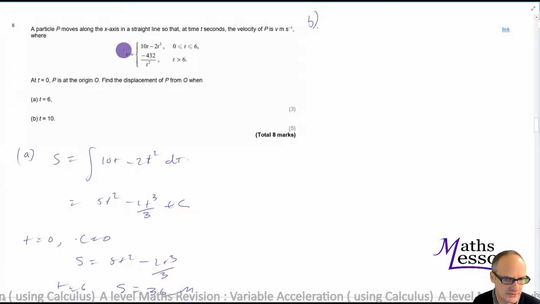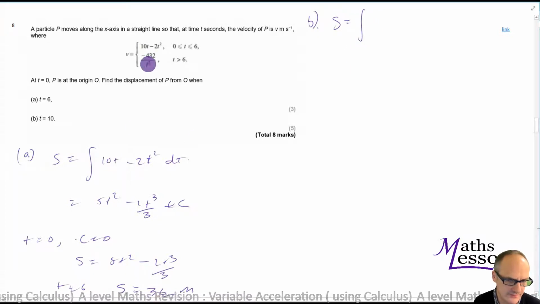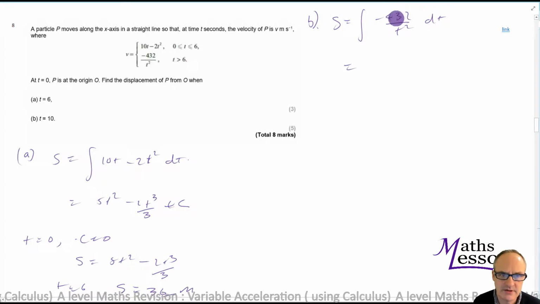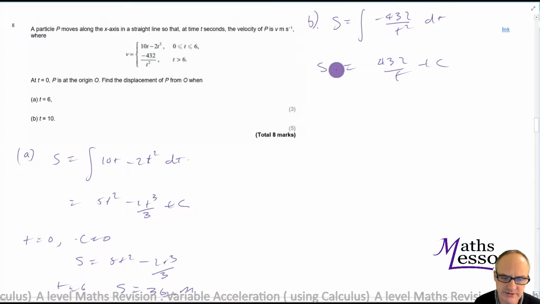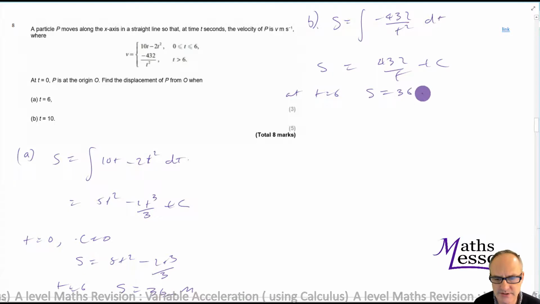So what we're going to do is look at s, which is going to be equal to the integral of minus 432 over t squared dt. Integrate that, and we get 432 over t plus c. So at t equals 6, we know that s is equal to 36 meters.